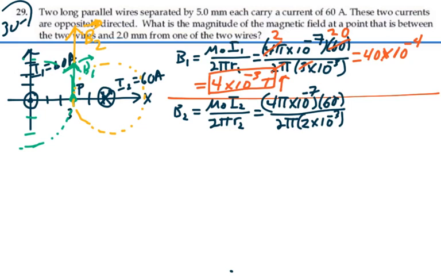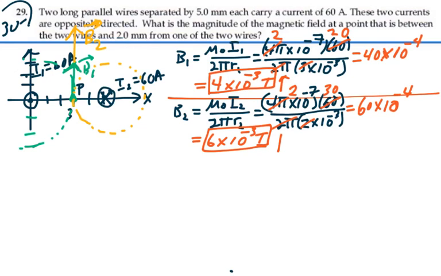The 4 pi divided by 2 pi will give us 2, and the 60 divided by 2 will give us 30. So this would be equal to 60 times 10 to the minus 4, and that would be 6 times 10 to the minus 3 Tesla, also in the same positive y direction.